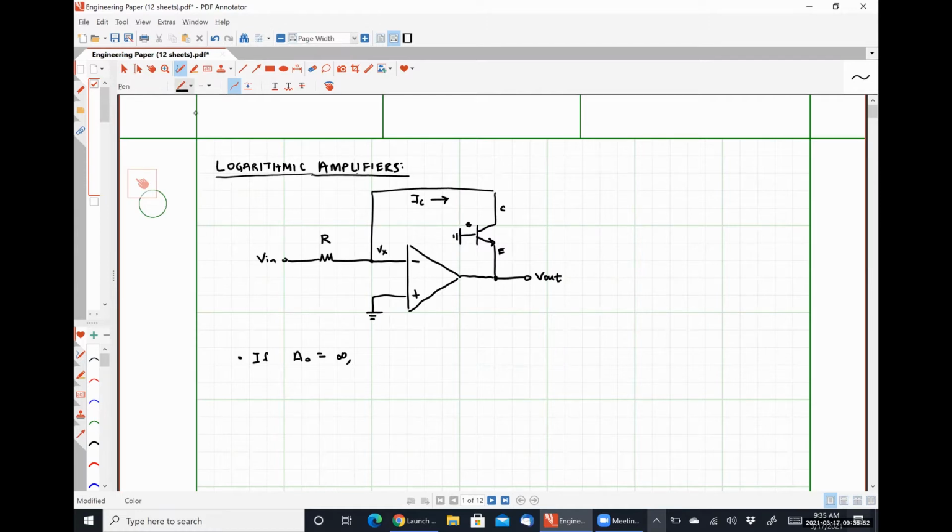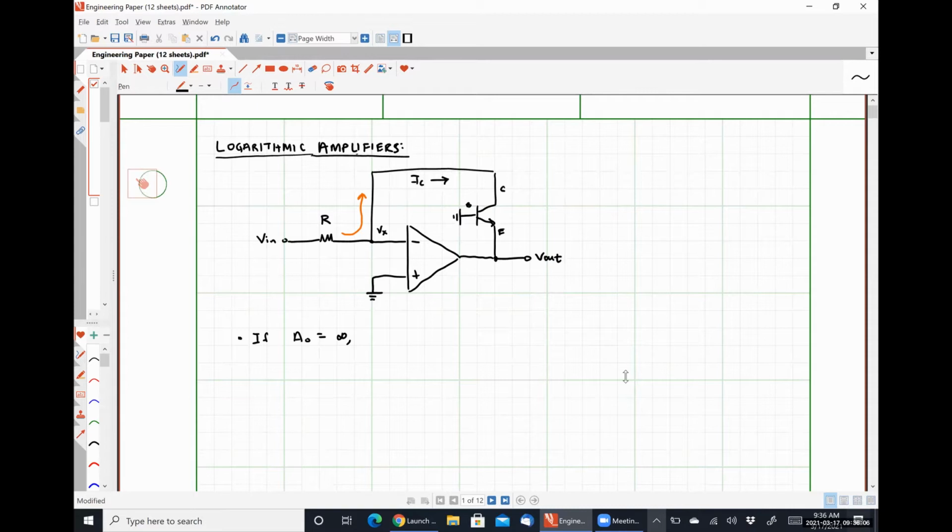And so all of the current that flows through that resistor R must continue on and flow into the collector terminal of our BJT. So we can say that Vn divided by R is equal to our collector current IC.